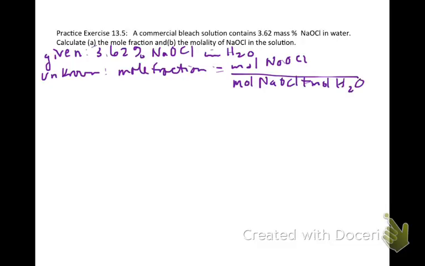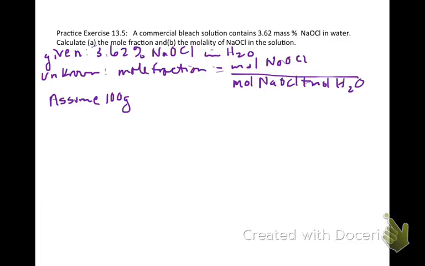Do I have enough information to calculate the moles of sodium hypochlorite and the moles of water? Well, if we assume that I have 100 grams, that's not a bad assumption, by the way, to solve problems if you're given a mass percentage. See if it gets you anywhere if you assume that.